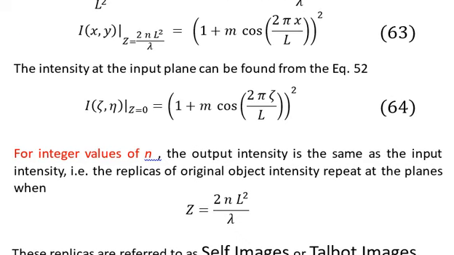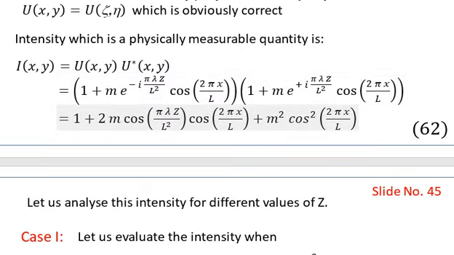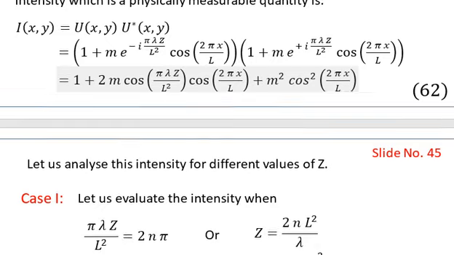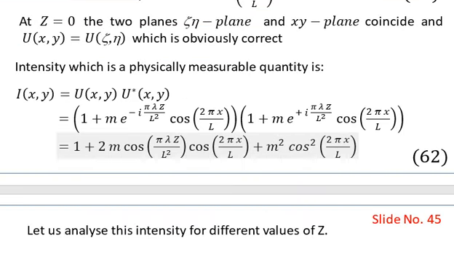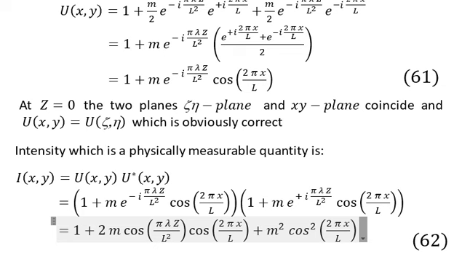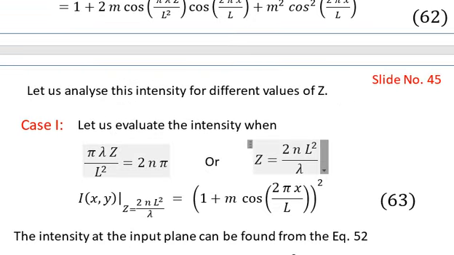So you see that the self images or the Talbot images can only be produced from equation number 62. If this equation is plugged in with this value of z, that is capital Z equal to 2n L square over lambda, then equation number 62 will produce the same replicas as given by equation number 61, but only at certain values of z which are satisfied by this equation, that is capital Z equal to 2n L square over lambda for integer values of n only.